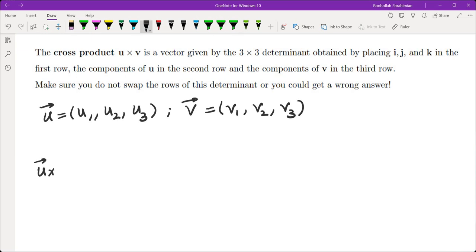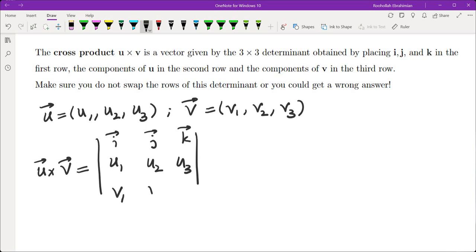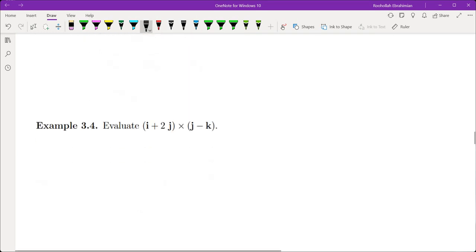We take a 3 by 3 determinant, we place i, j, and k in the first row, and then the second row would be u. So it would be u1, u2, u3, and the third row would be v1, v2, v3. Note that the second row must be the first vector, and the third row must be the second vector. So it is very important that we keep the order. If we swap the order, the answer would in fact be wrong.